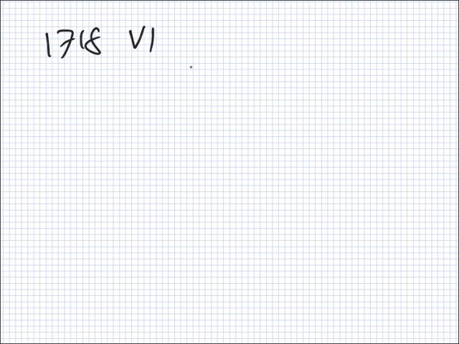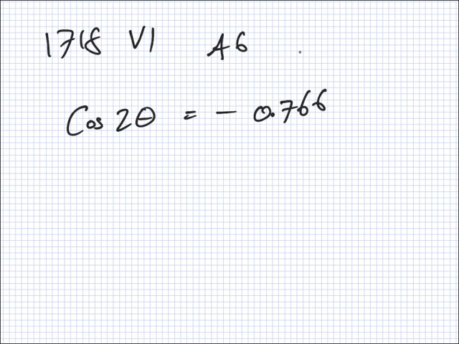5 marks is all right. Let's see. cos 2 theta equals minus 0.766. Solve. Right. How many solutions does this have? 4. How did you get 4?